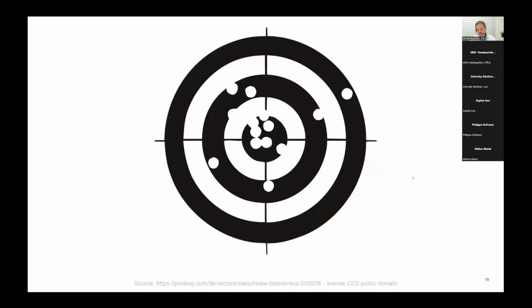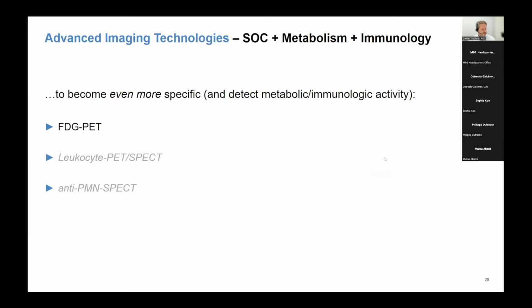And when we try to get more specific and get closer to the pathogenesis of the infiltrate, we can use metabolic or immunologic techniques. I will show you some slides with regard to the FDG PET with the labeled glucose.